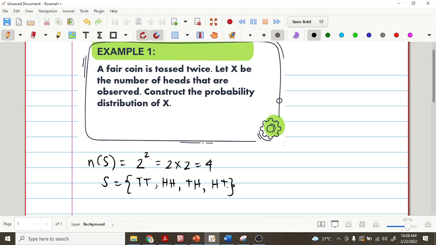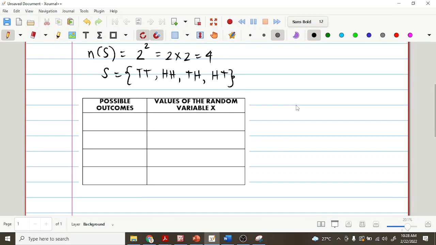So you can see, apat ho yung possible outcome ng ating random experiment na pag-toss ng isang coin ng dalawang beses. From there, we can now fill in this table. So ano yung mga possible outcomes natin? We just write it. TT followed by HH, followed by TH, and then followed by HT.